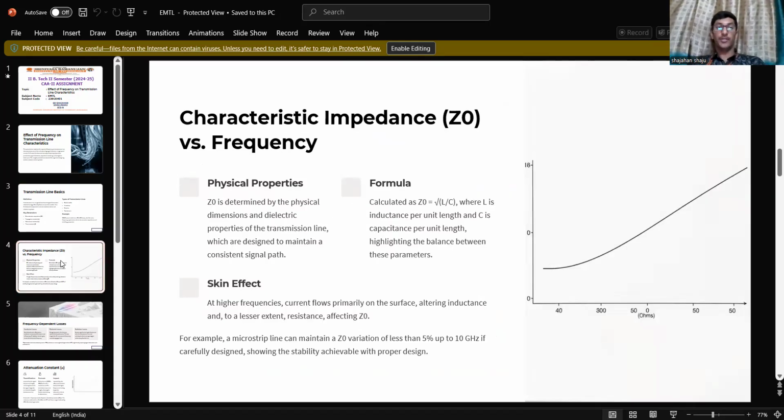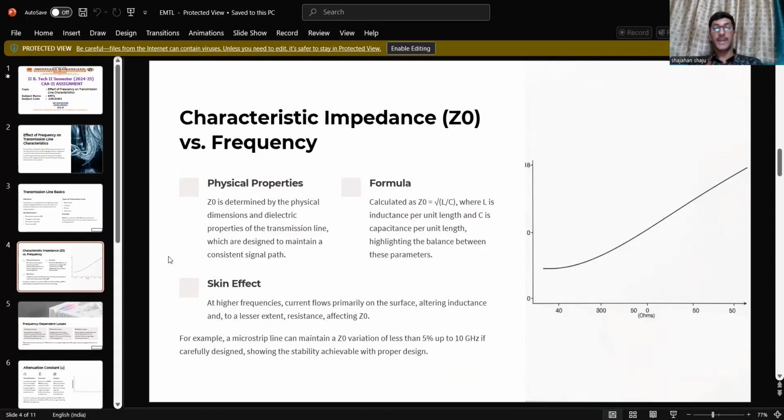Characteristic impedance Z0 versus frequency. Z0 is determined by the physical dimensions and dielectric properties of the transmission line, which are designed to maintain a consistent signal path.